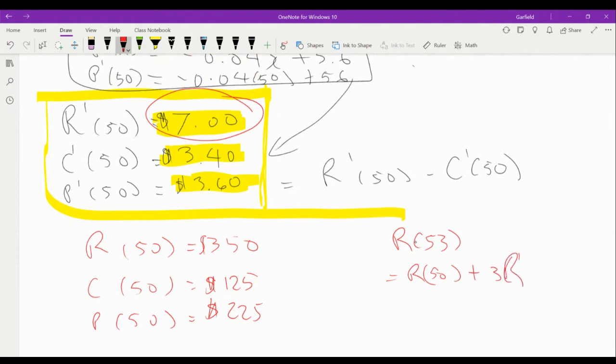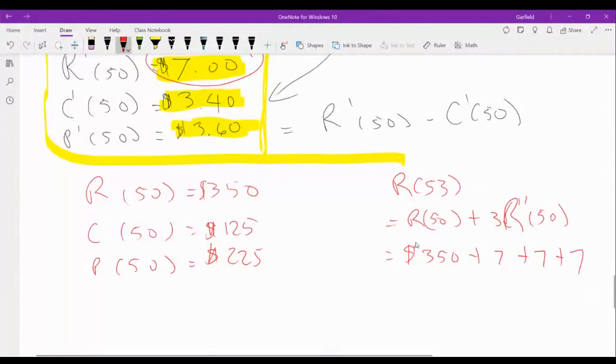I would just say 3 times 7 to keep it short in my head. In mathematical terms, this would be 350 plus 7 plus 7 plus 7, right? Because we're going up 3 more units. For every unit we go up, we're adding $7. And since we're going up 3 more units, it's 3 times 7, which is 21.